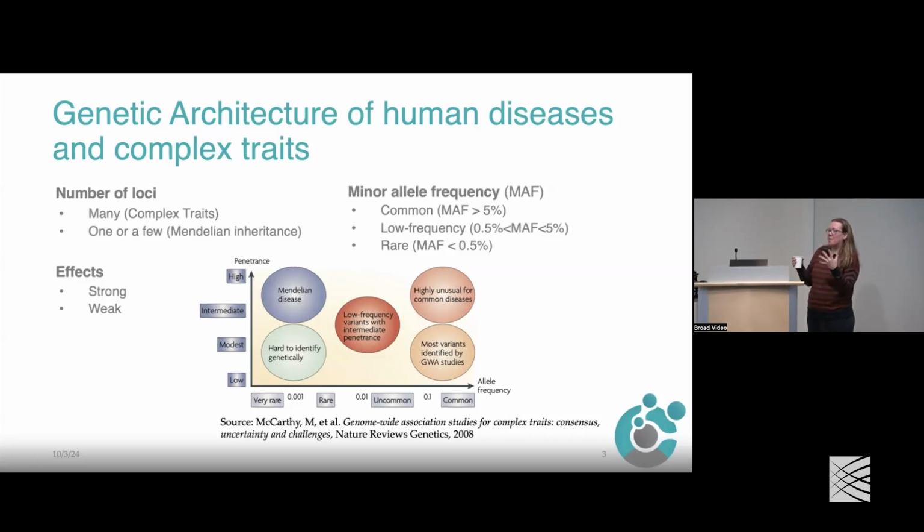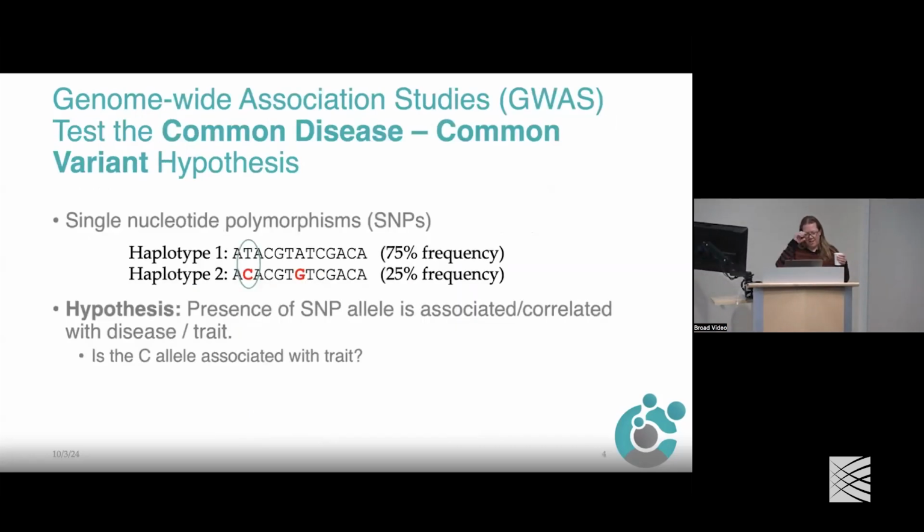The purpose of a genome-wide association study on a particular trait is to discover or define the genetic architecture of that trait, with the data sets that you have available, the generated genotypes, et cetera.